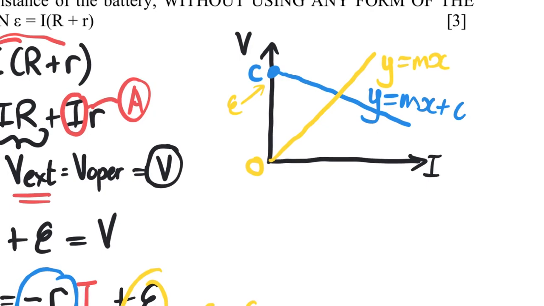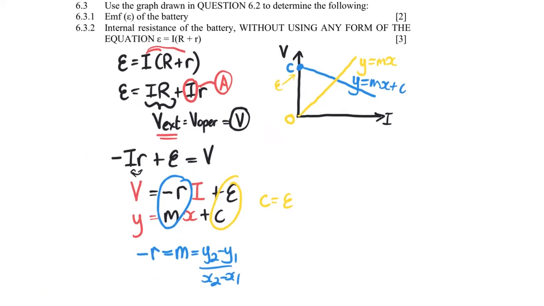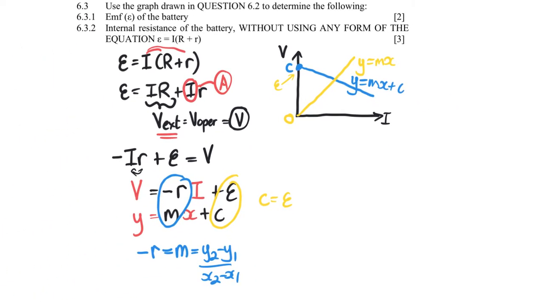It's the theoretical voltage of the battery. So with this, we can move back to our graph, and using the gradient and the y-intercept, we can now work out what they are from the graph.